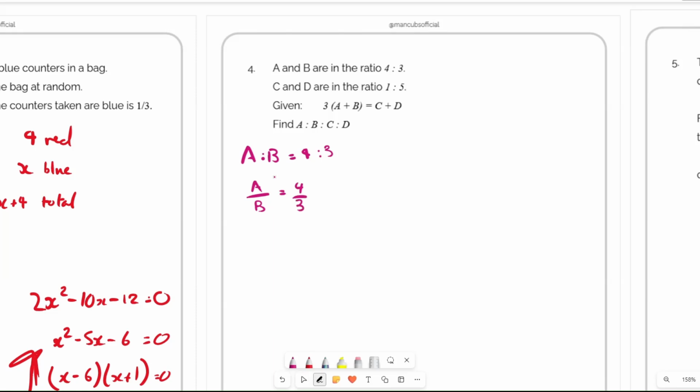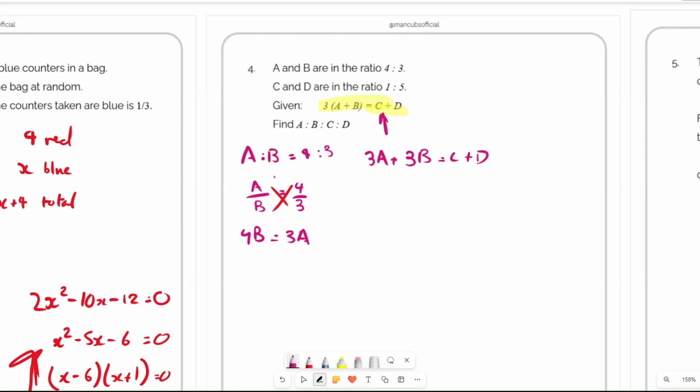Then we can just do the classic cross multiplying. There's been a lot of cross multiplying in this video, hasn't there? And we've got a nice little equation. Let's take that. I'm just going to expand those brackets: 3a plus 3b equals c plus d, right?